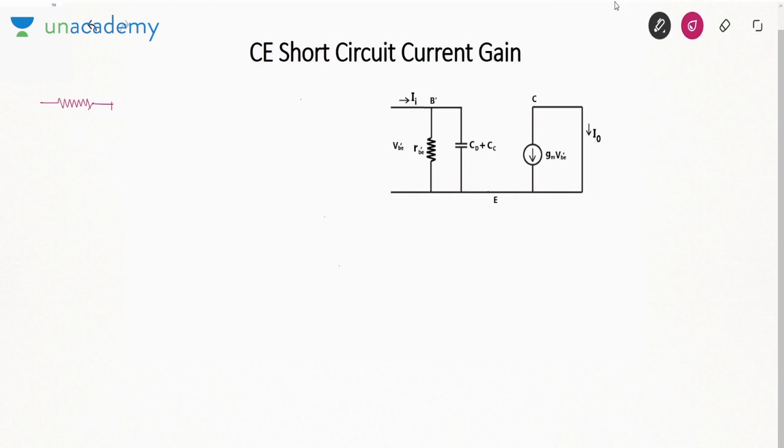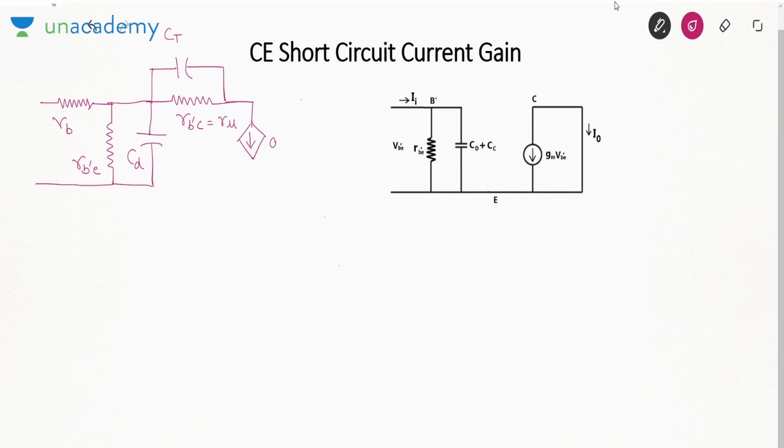The actual circuit was like this: RB, RB dash E, which was R pi, then the diffusion capacitance CD, then RB dash C, which is R mu, in parallel to this the transition capacitance CT, then a current source GM VB dash E or GM V pi, and in parallel to this a resistance R0.